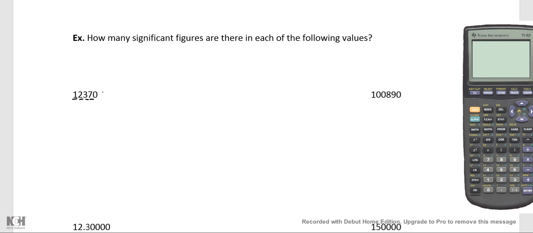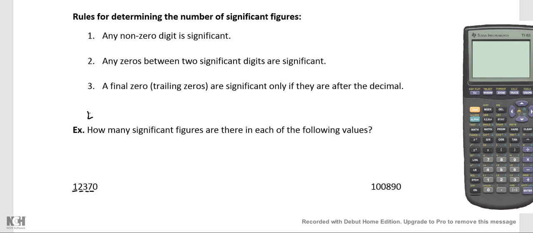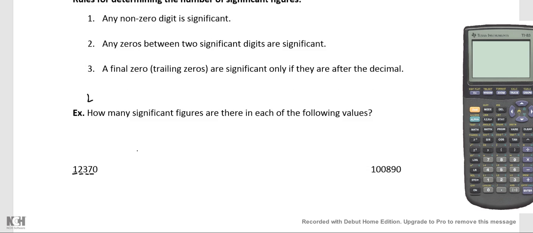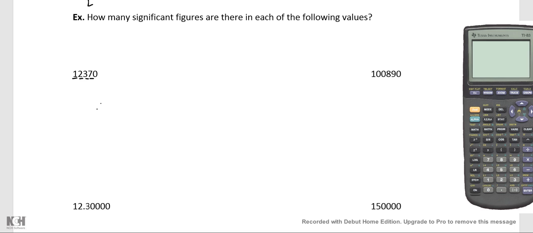There's no significant digit to the right, and there's no decimal before the 0, so the 0 does not count. So the only significant digits in this number are the 1, 2, 3, and 7, so we have 4 significant digits.